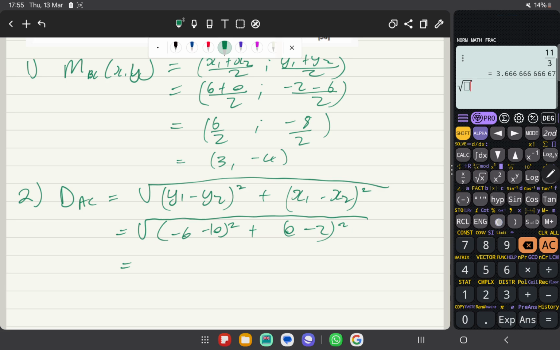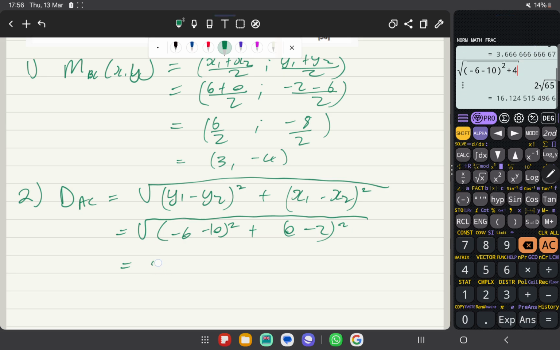I can go straight into the calculator because this is just 2 marks, so you don't need plenty of work. Minus 6 minus 10 squared, plus 4.